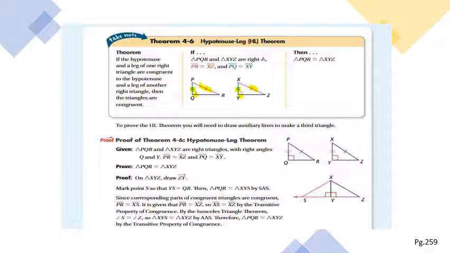Let me repeat it again. If the hypotenuse and a leg of one right triangle are congruent to the hypotenuse and a leg of another right triangle, then the triangles are congruent.